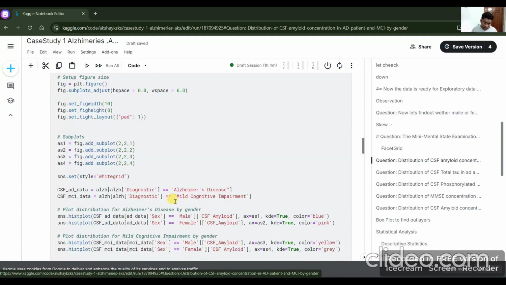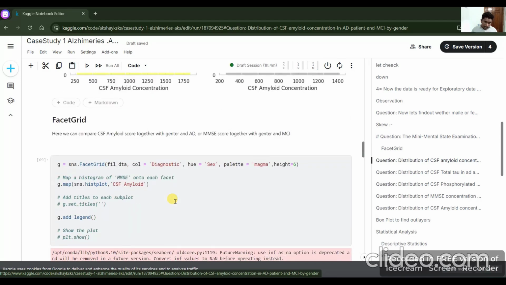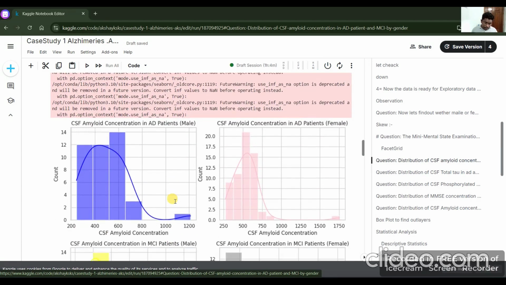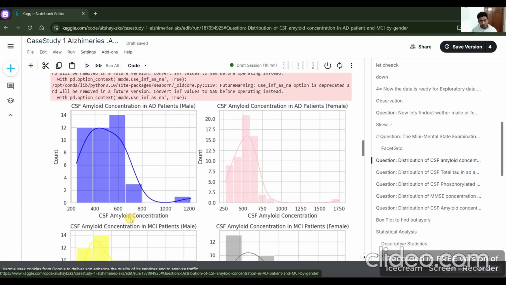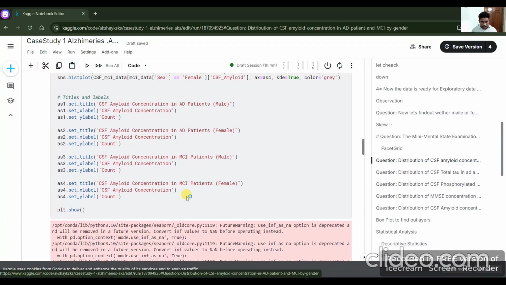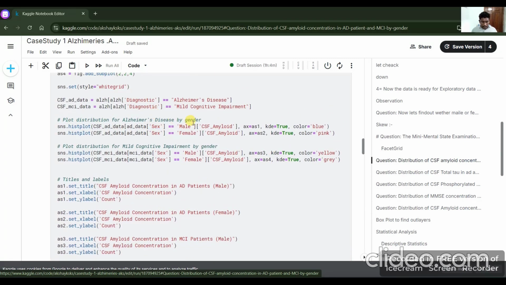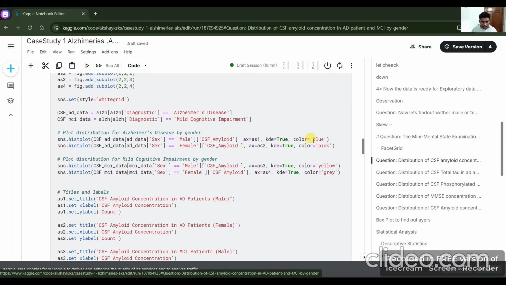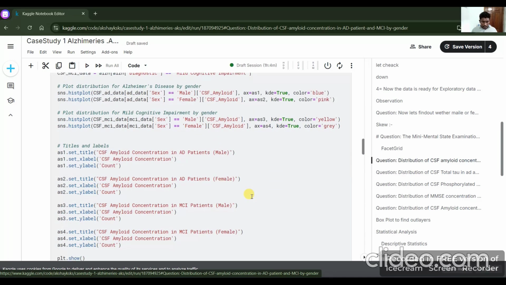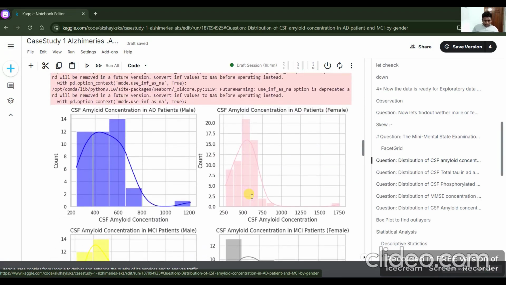There we can see the CSF amyloid patients graph. Here color plot distribution Alzheimer's disease by gender: blue male, blue female pink. Plot distribution MCI yellow and the plot gray female, we can see.